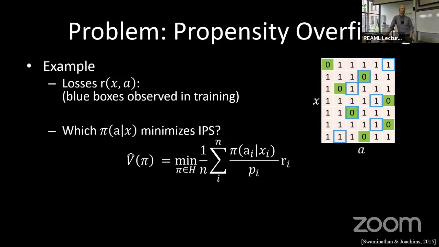Which policies give me a 0 in terms of that sum of IPS terms? Actually, a ton of them, right? So one policy that gives me a 0 is certainly the policy that picks all the green fields. Super, right? That would be great.